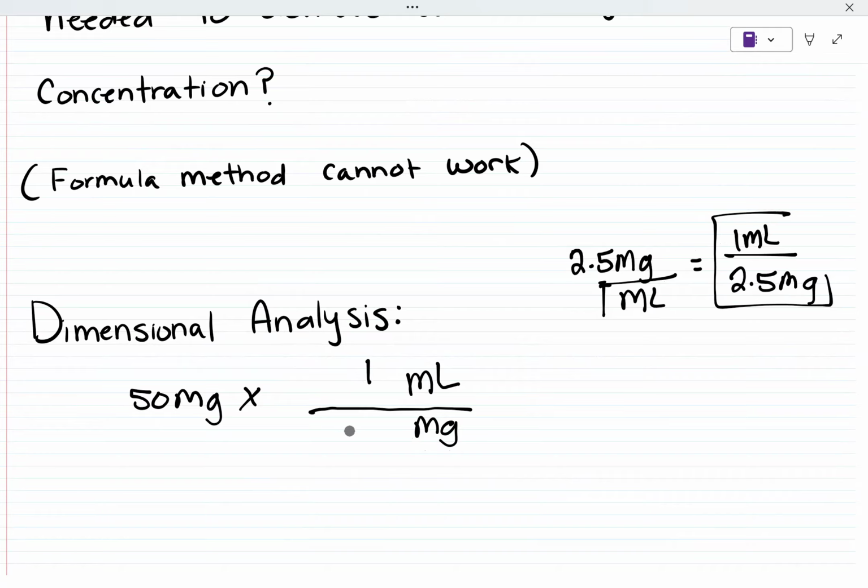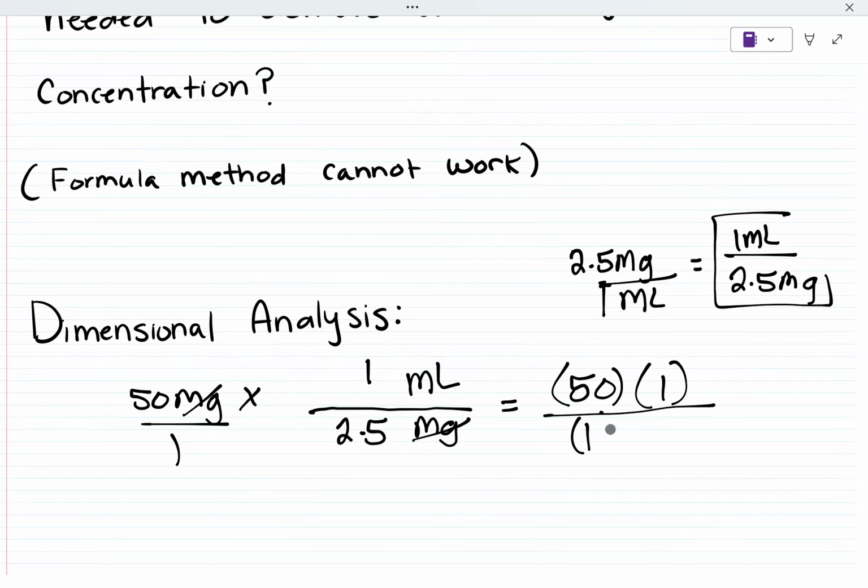So for 1 milliliter, there's 2.5 milligrams. And then as you can see, the milligrams disappear, and then you're left with 50 times 1 over 2.5. And then you're going to get 20 milliliters, and there it is.